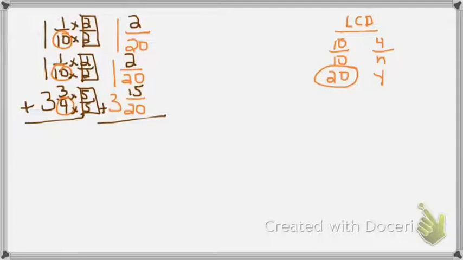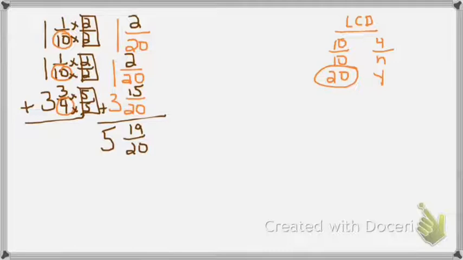I know my denominator will be 20. Let's add my numerators. I'm going to start with 15 plus 2, which is 17, plus 2, which is 19. So I know that will be 19/20. Now I have to add my whole numbers: 1 plus 1 is 2, and 2 plus 3 equals 5. So I have 5 and 19/20. That should be my final answer, but before I have a final answer, I have to ask myself two questions.